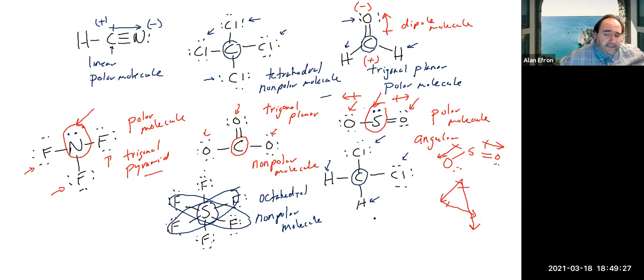And when we have that situation with no dots and not all of the same elements on the outside, it's going to most likely be a polar molecule. And that's because of this polar bond here, this polar bond here. In reality, the dipole moment is probably heading somewhere in that direction towards the chlorine.